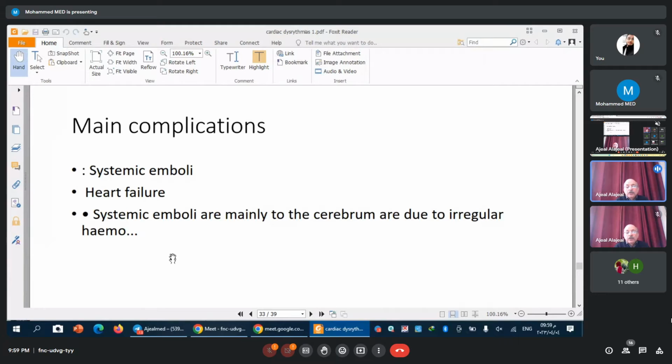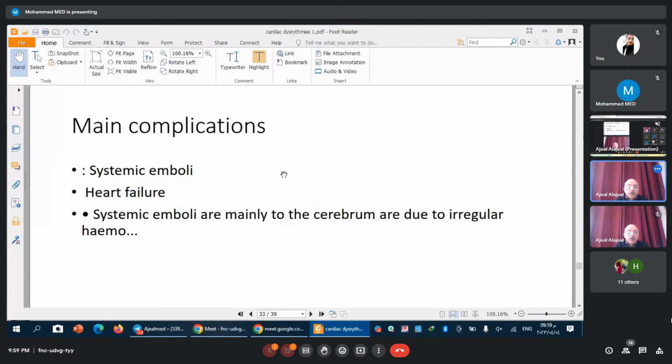What are the complications of atrial fibrillation? Systemic embolization is on the top, and this is prevented by about 67 to 70% by anticoagulating the patient. Heart failure. Why will the patient go into heart failure?